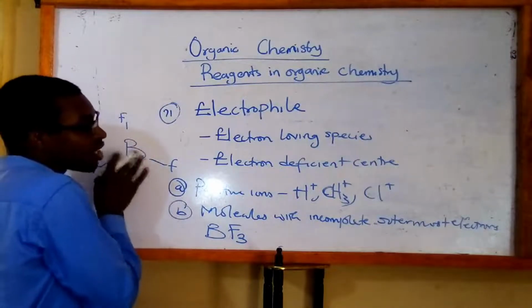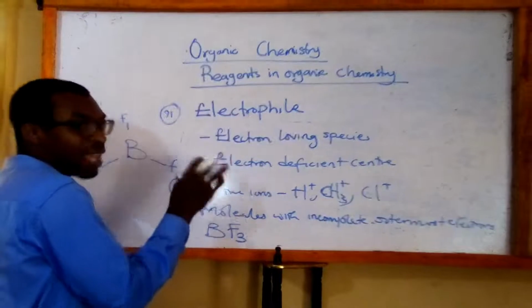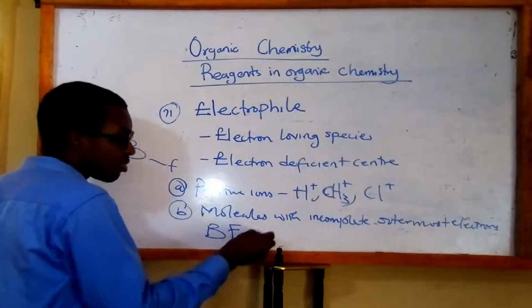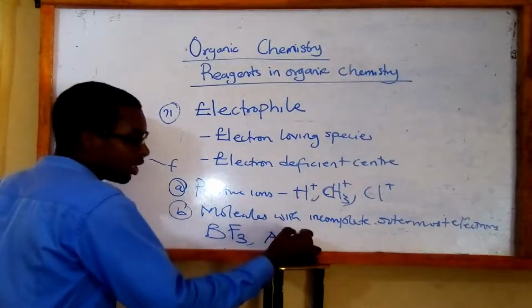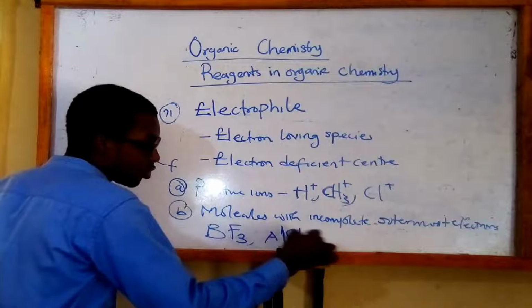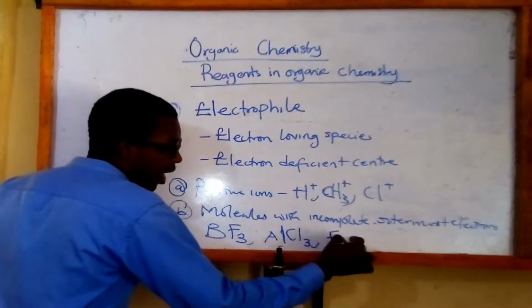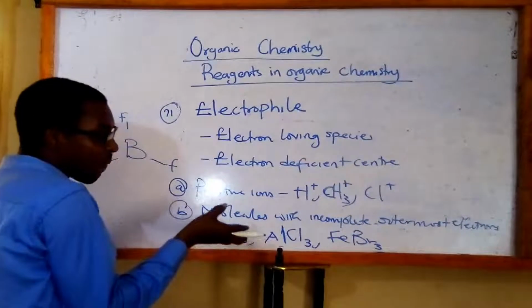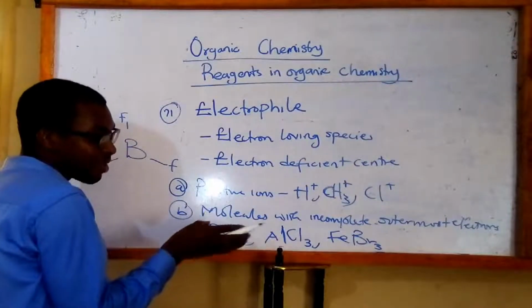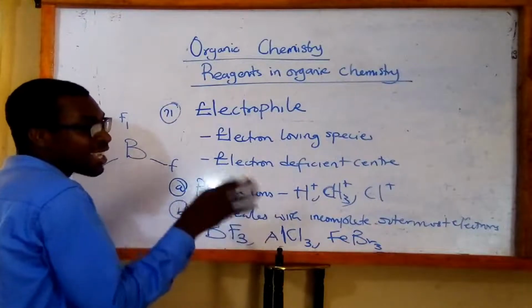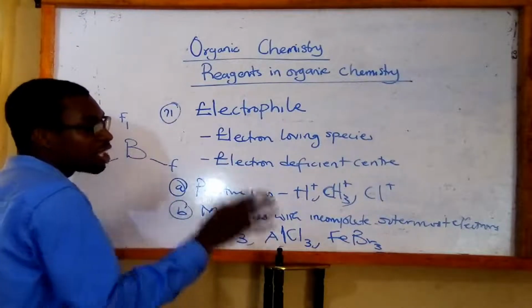And because it has an incomplete octet, it's electrophilic, meaning that it's electron deficient. Another example is aluminium chloride. Another example too is iron tribromide. All these are molecules that have incomplete outermost electrons. That means their outermost shell is not completely filled.